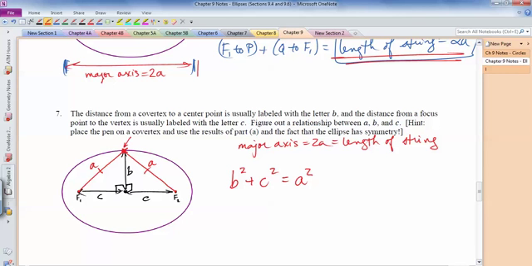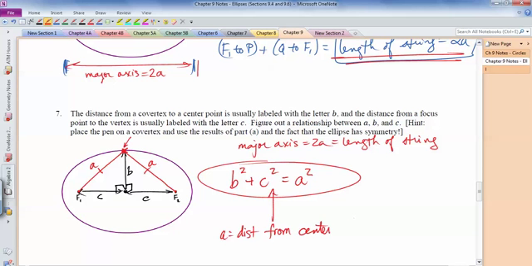Now, I realize that's a little confusing because the way you learn Pythag, it's a squared plus b squared equals c squared, but we've put the a, b, and c in different places. So this is the relationship that you want to know, right? a equals distance from center to vertex. b equals distance from center to co-vertex.